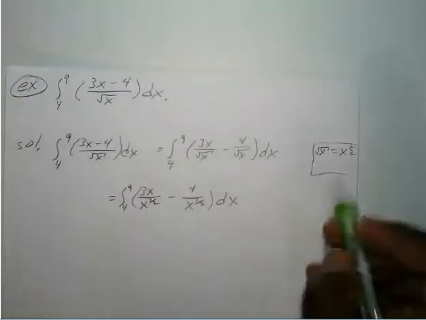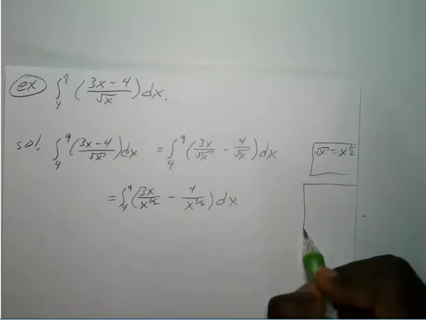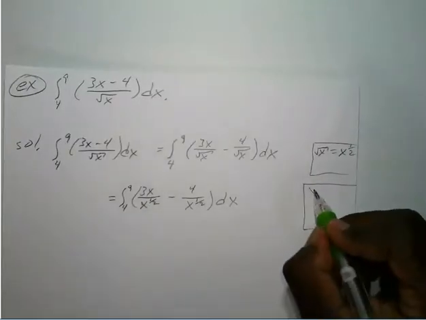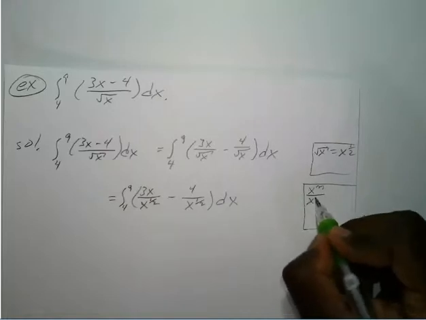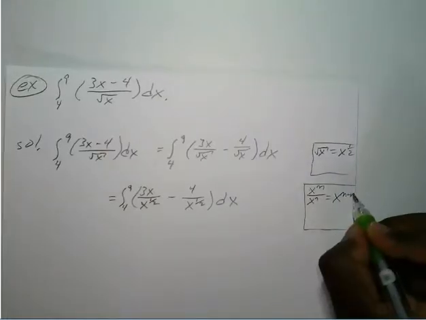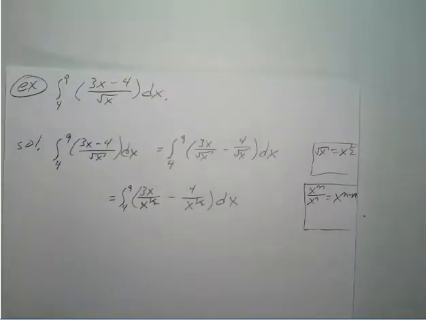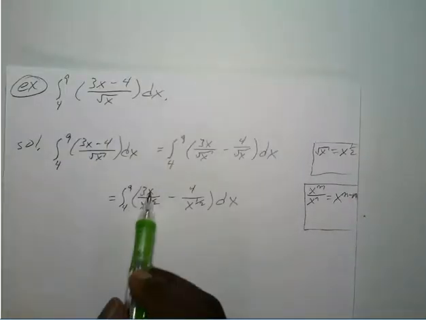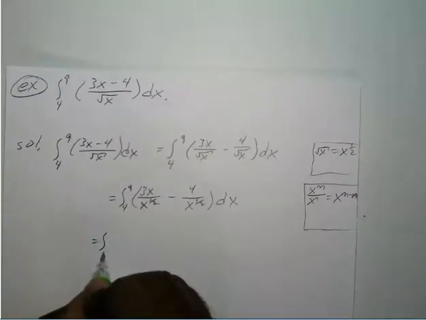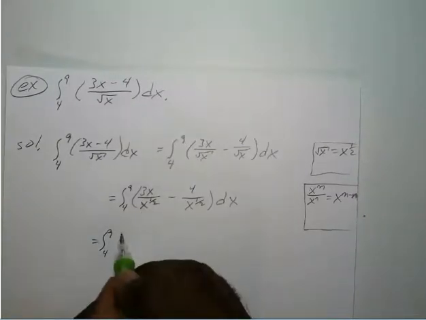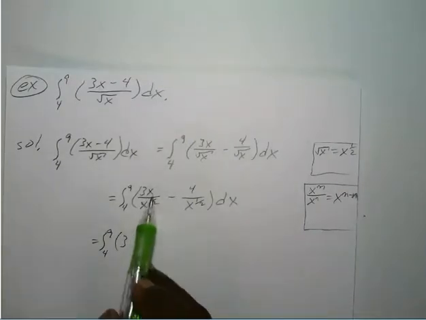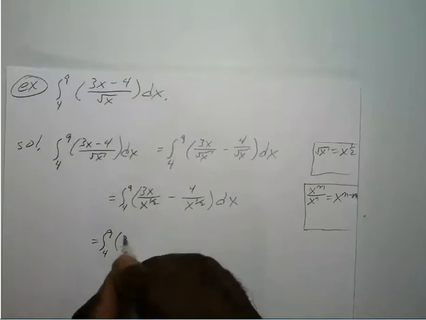Okay, so now, if you remember your exponent laws, x to the m over x to the n equals x to the m minus n. So that means x to the first power over x to the 1/2 power is going to be 3 times x to the 1 minus 1/2, which is just x to the positive 1/2.